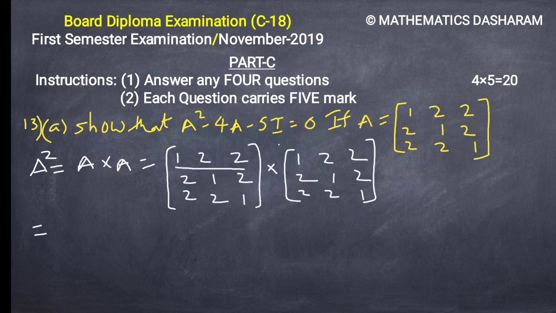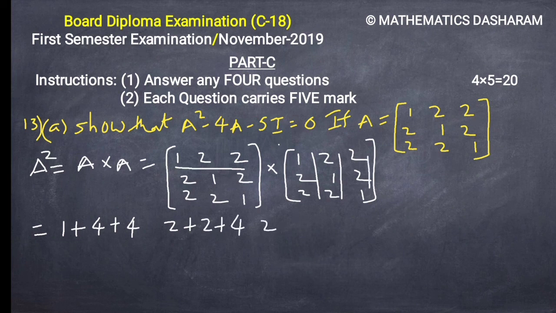First row with the first column: 1 into 1 is 1, plus 2 into 2 is 4, plus 2 into 2 is 4. Next, first row with the second column: 1 into 2 is 2, 2 into 1 is 2, 2 twos are 4. First row with the third column: 1 into 2 is 2, 2 into 2 is 4, 2 into 1 is 2.